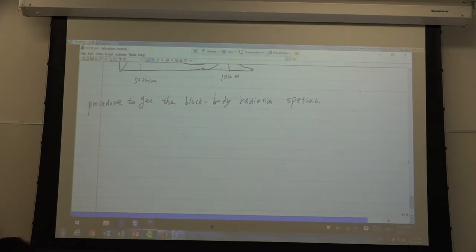There are two steps. One is the number of modes, the number of radiative modes, where every mode is radiative, per unit volume, per unit frequency.